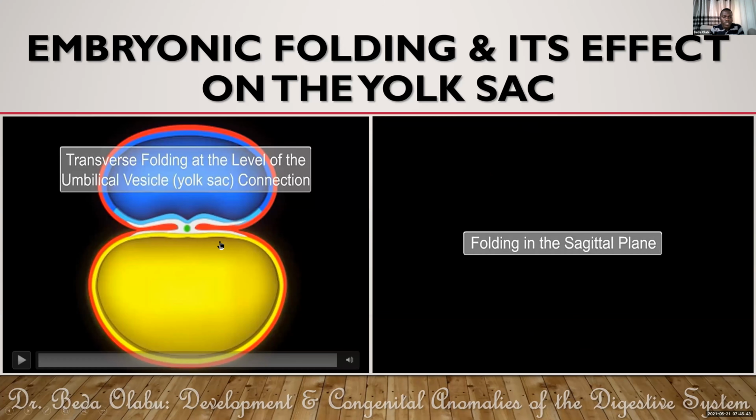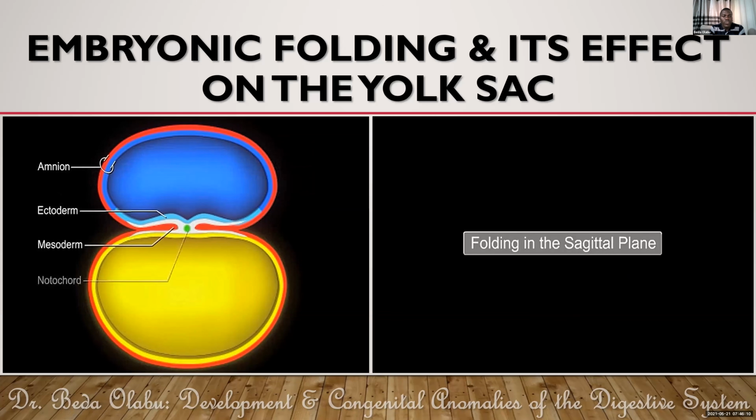At some point, we went through embryonic folding. And I've shown you these videos before, but I'll do it again today. So the first video I'm going to play is a video showing you the process of embryonic folding in the transverse axis, folding in the lateral.